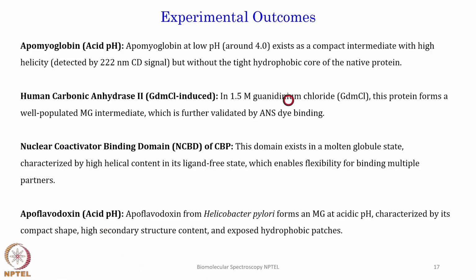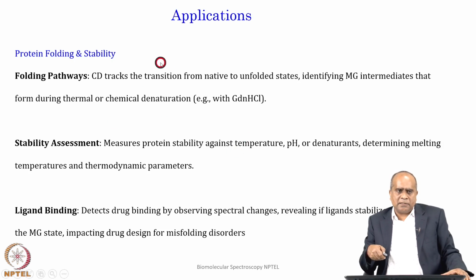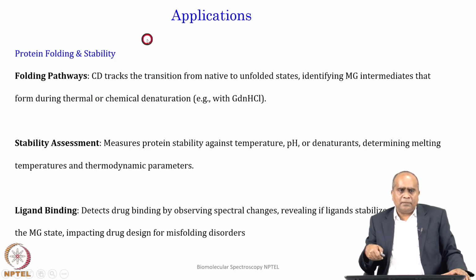So, what is the application of the molten globule state? The first application is protein folding and stability. For the folding pathway, CD can track the transition from the native state to the unfolded state by identifying the molten globule state, either by thermal, pH or chemical denaturation.